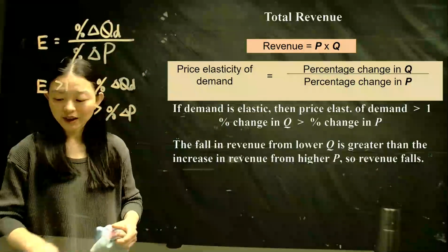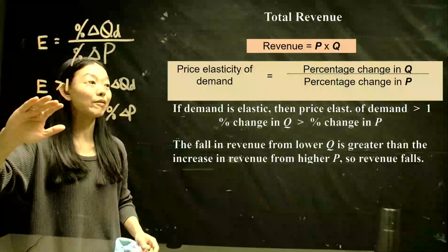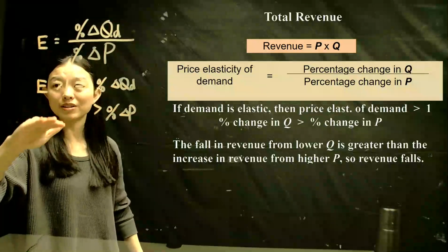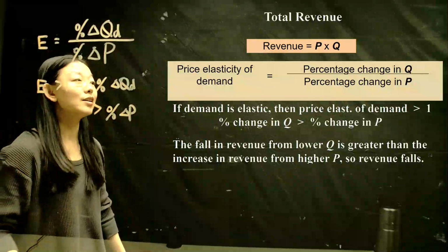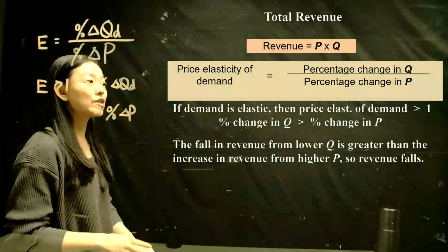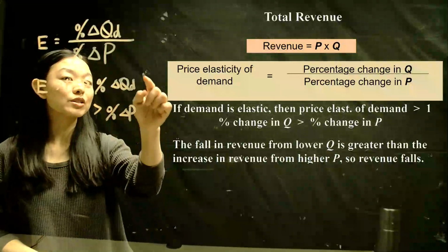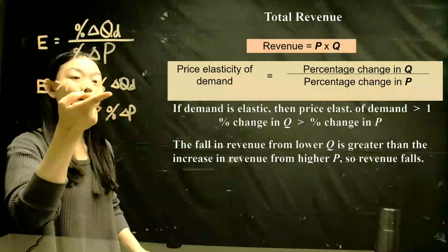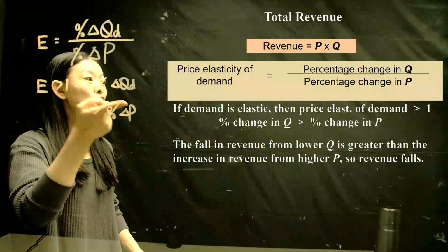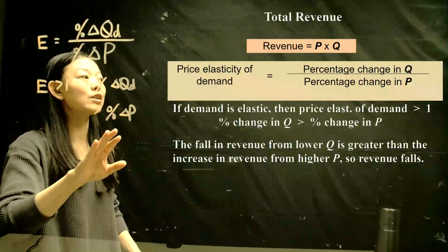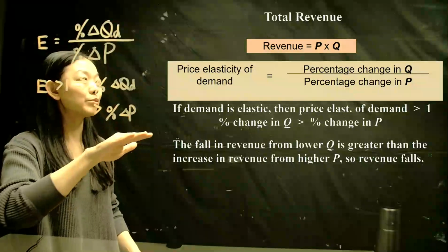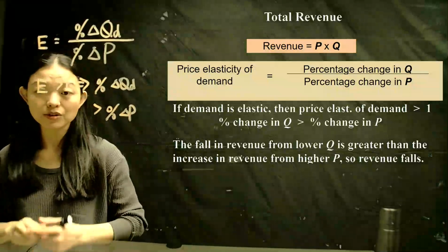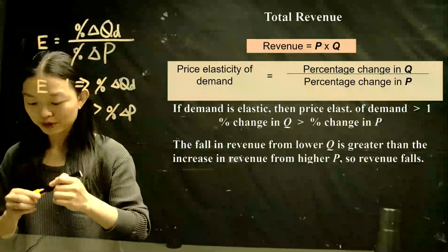So we would say, if you have this type of product, where demand is really elastic, and you decide to increase the price, then the decrease in revenue from lower quantity is greater than the increase in revenue from higher price. So the revenue will decrease.